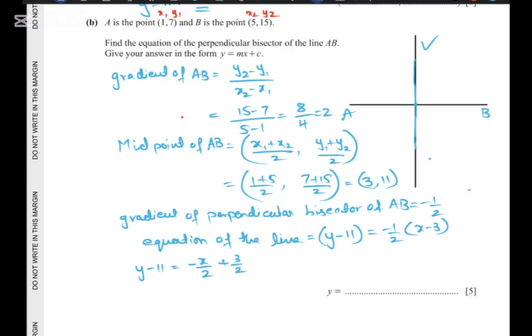Bringing 11 onto the other side, y is equal to minus x by 2 plus 3 by 2 plus 11. 3 by 2 plus 11 will be 25 by 2 because 2 will be the LCM. So the equation is y equals minus x by 2 plus 25 by 2.